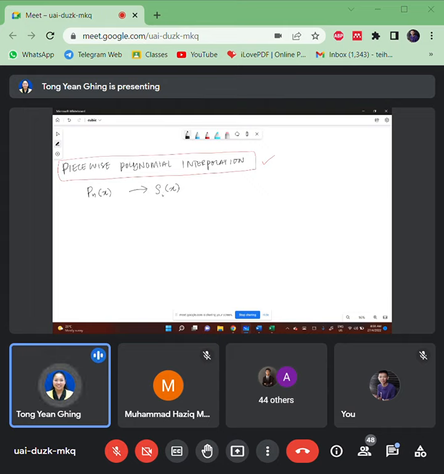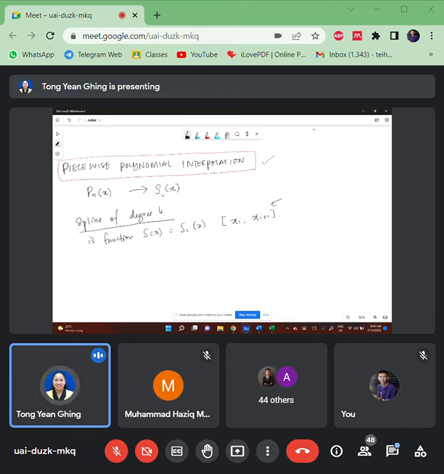So if we say this is a spline of degree k, the function f(x) is defined where x is between xi and xi+1.